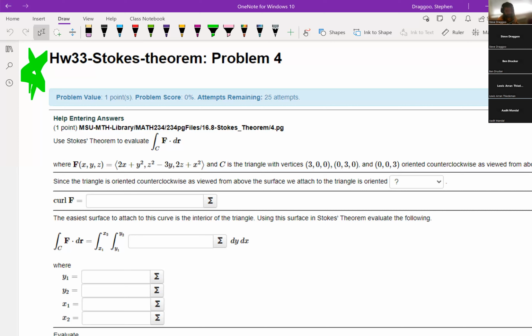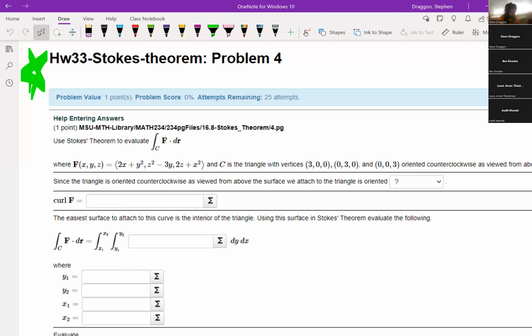So, since it said evaluate the line integral, you should be thinking to yourself, we should do the double integral instead, which means we are going to want the curl this time, and we're going to need a few other things that go into it. Means we probably also want to figure out what our shape looks like. But enough of that. Let's go through this problem.